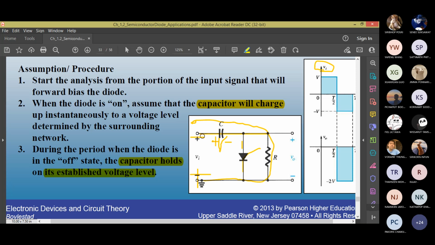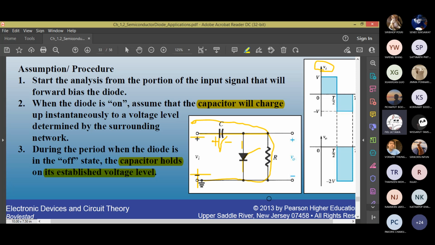Minus VI minus V minus V out equals 0, isn't it, in the loop? What is V out then? From the KVL, what is V out?